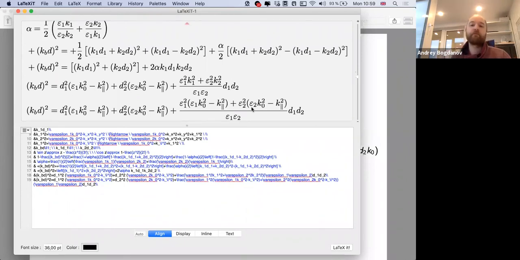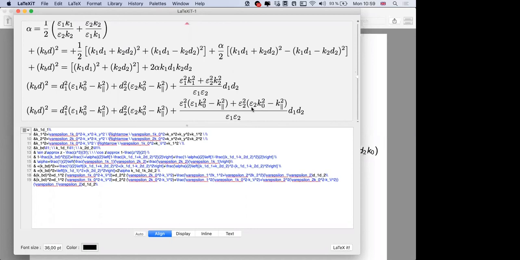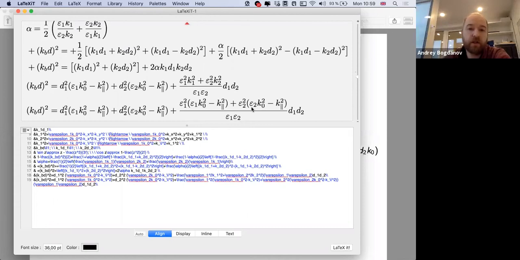Do you agree? Yeah. So, okay. And now let's try to rewrite and collect all the terms with k naught at the right part of my equation.